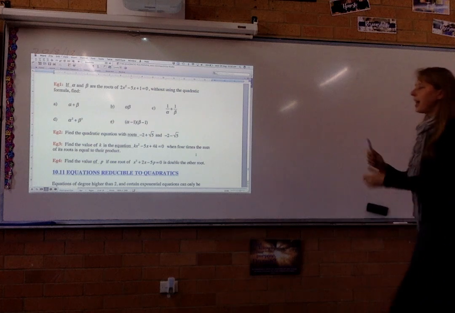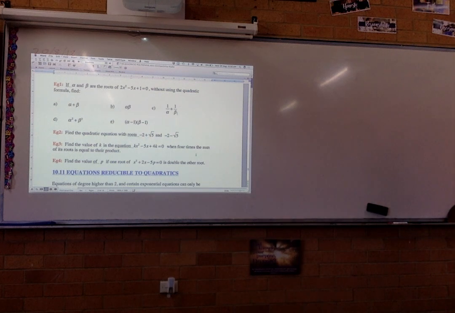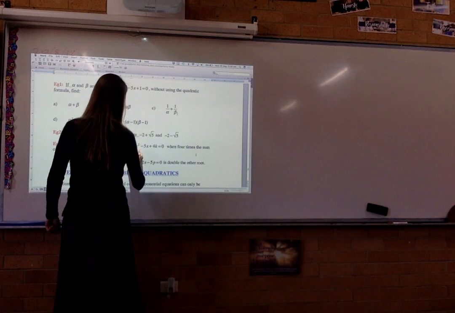Question 3 says, find the value of k in the equation kx squared minus 5x plus 4k equals 0, when 4 times the sum of the roots is equal to their product. Okay, well I know that, what's a in this case?